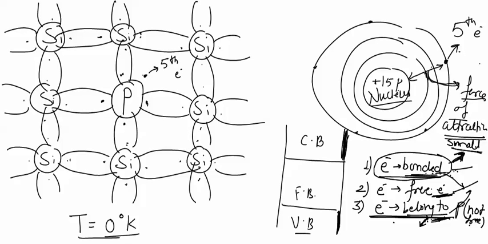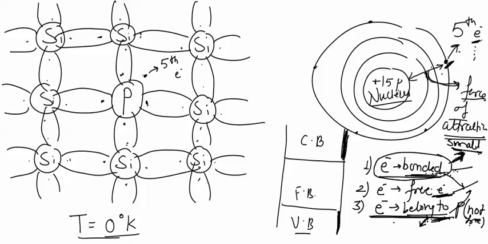So from this discussion we can conclude that this fifth electron can be made available for conduction if we can overcome this force of attraction, which is very small. Means this electron lies very close to the conduction band and can be made to take part in conduction.